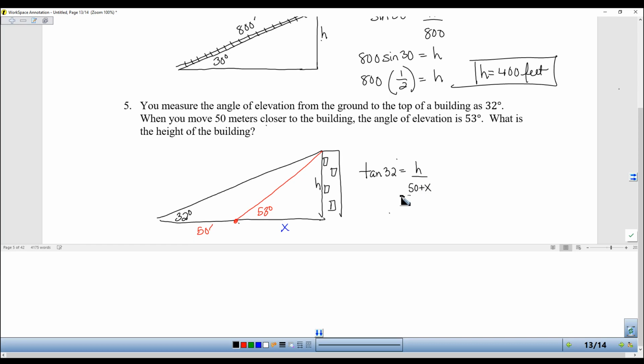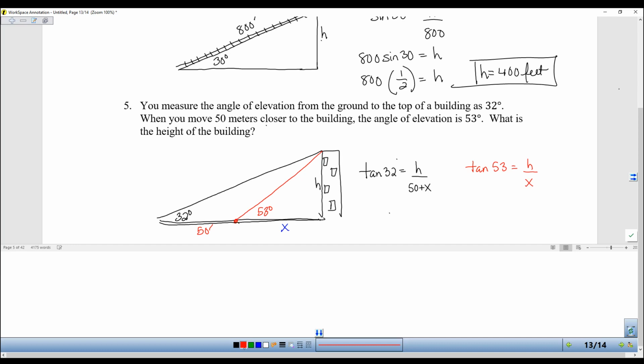I can't just call it 50 because it's this entire adjacent side. And then my other one for the 53 is that tangent of 53 is equal to h over just plain old x.